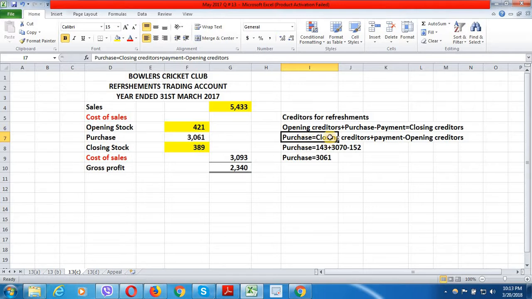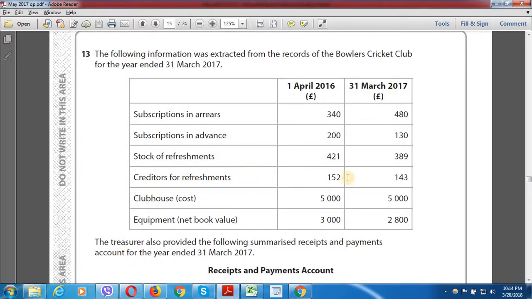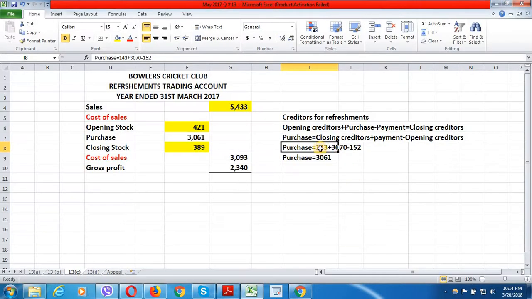Purchase equals closing creditors plus payment minus opening creditors. I have just changed the sides. In an equation, if you change the sides, the positives become negatives and the negatives become positive. I hope you all know this. So the closing creditors balance is told here. Please have a look. Creditors for refreshments, closing balance is 143.